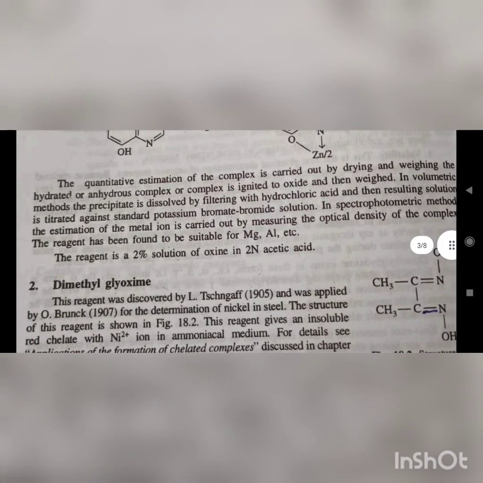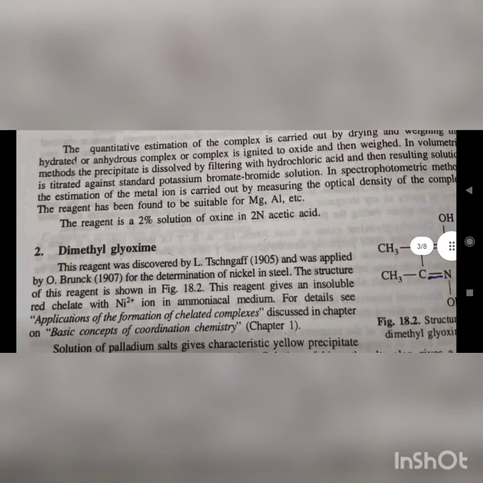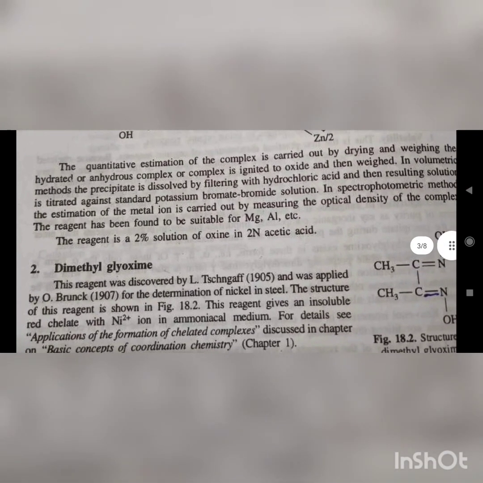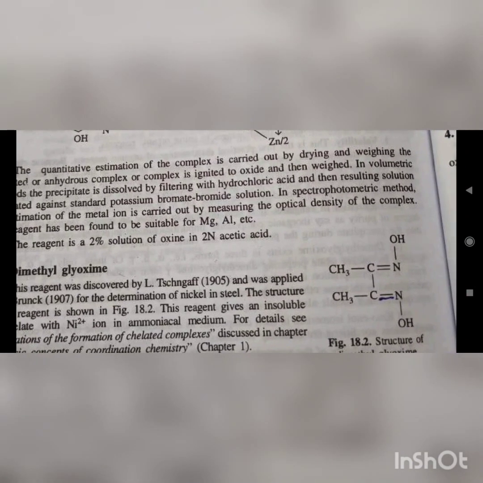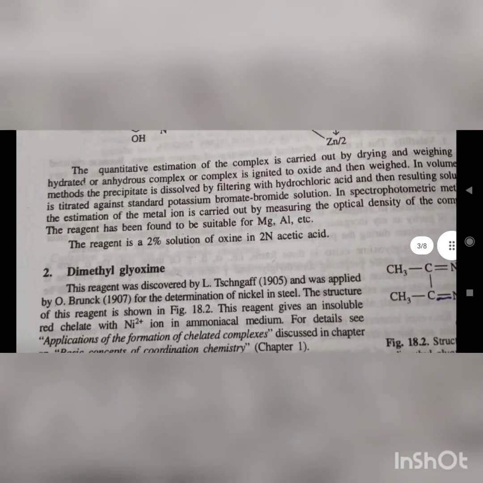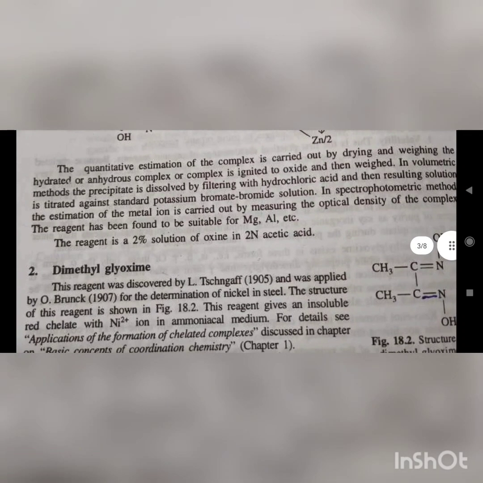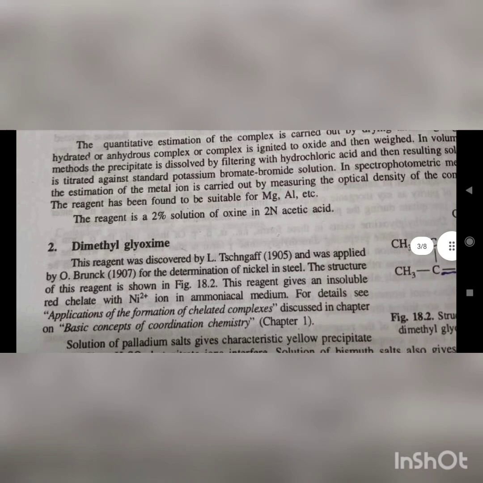In volumetric method, the precipitate is dissolved by filtering with HCl and then the resulting solution is titrated against standard potassium bromide solution. In spectrometric method, the estimation of the metal ion is carried out by measuring the optical density of the complex.